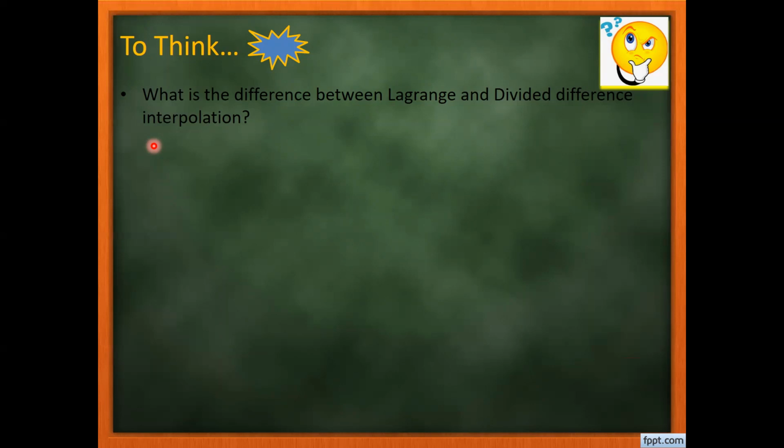In terms of accuracy, both are the same. In terms of computation, less effort is required for divided difference interpolation, but both have their own advantages. For integration purposes, we will prefer Lagrange rather than divided difference interpolation.